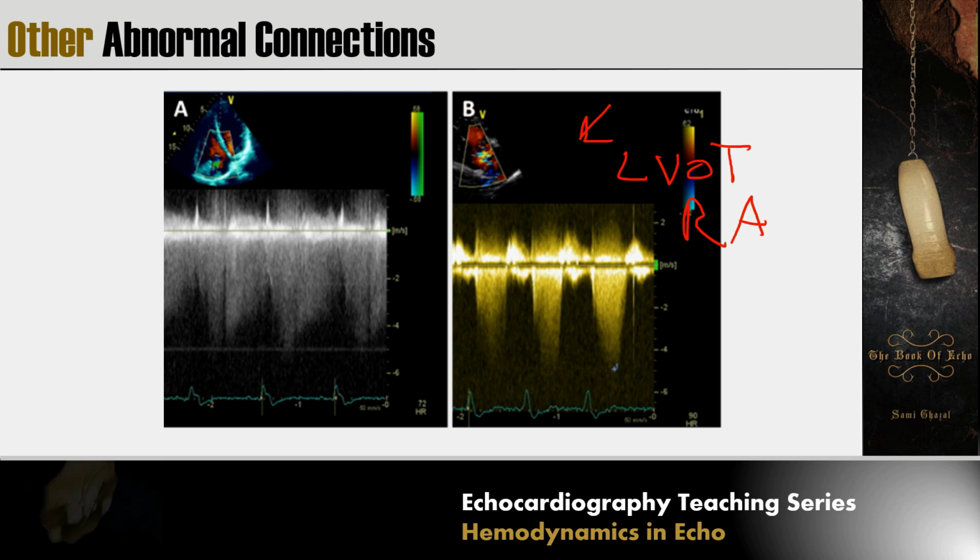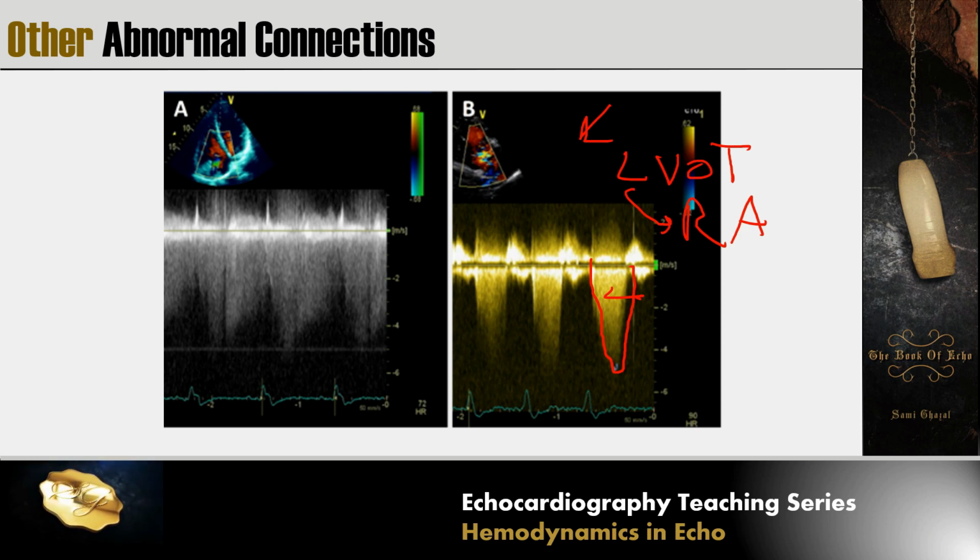So in case of a Gerbode defect, where you have LVOT to RA, you have predominantly systolic flow. Why is that? Because during diastole, the LVOT and the whole LV diastolic pressure is almost equal to the RA pressure, or a few millimeters of mercury higher than the RA pressure. So in that case, we will have predominantly systolic flow.